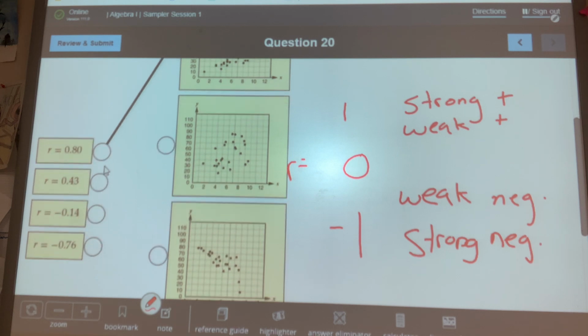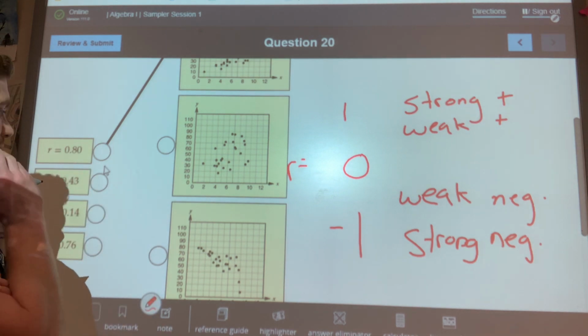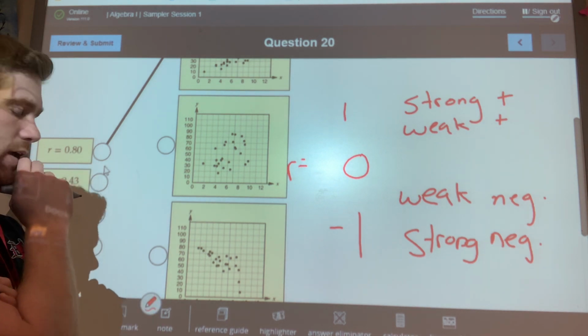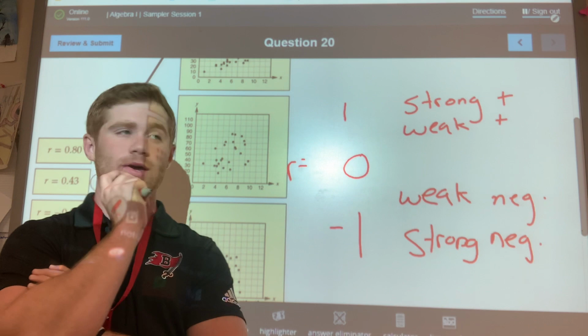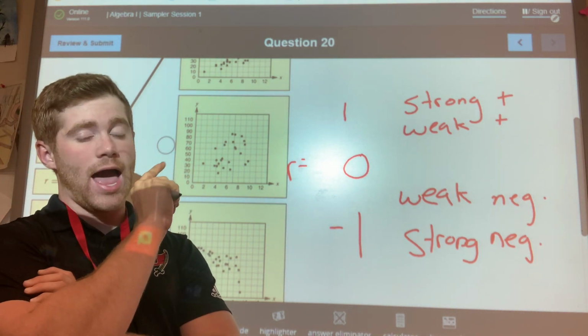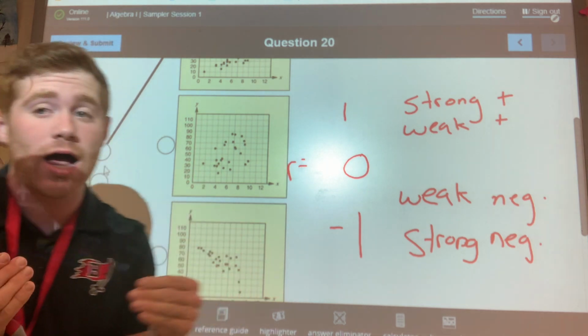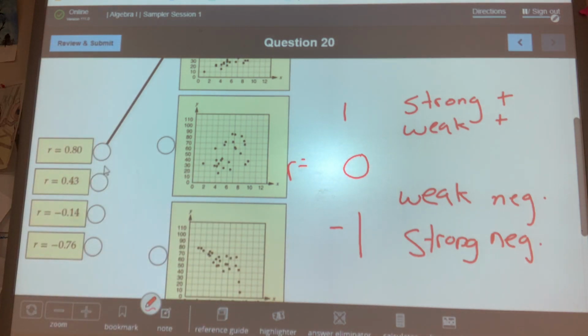If I look at number 2 here, I'm like, yeah, that looks like it's going in a positive direction, but I'm not as confident as I was on A. We're going to call that a weak positive.